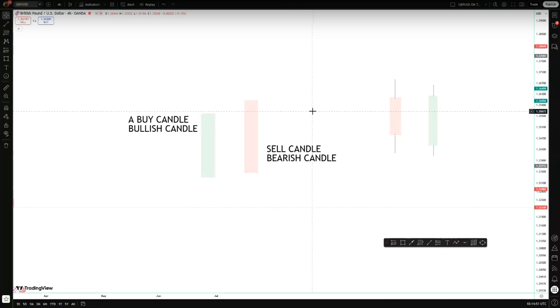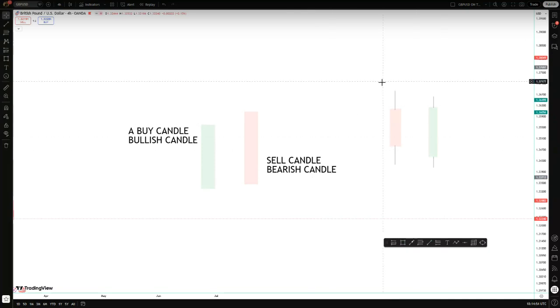Now there are things that are similar with this red and this green candle. Every candle is expected to have something like this, although some might have this and not have that. Some might not even have it, so some might just be like this. So now here is the major anatomy of a candlestick.